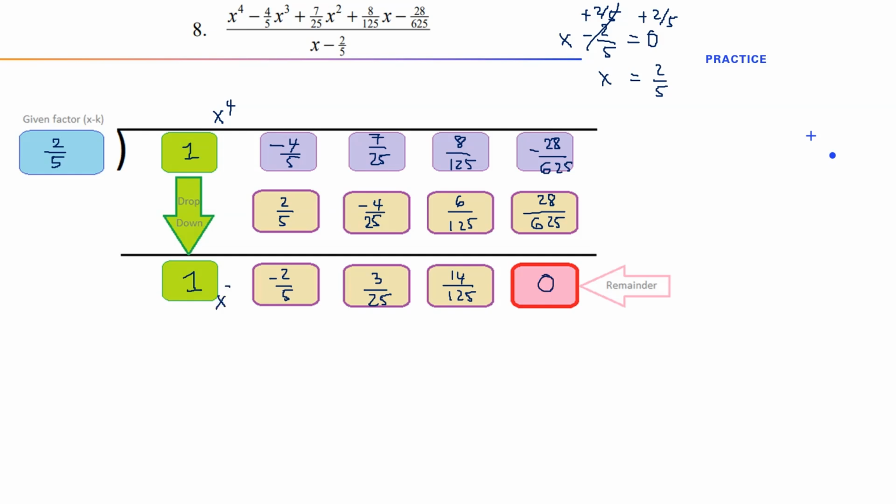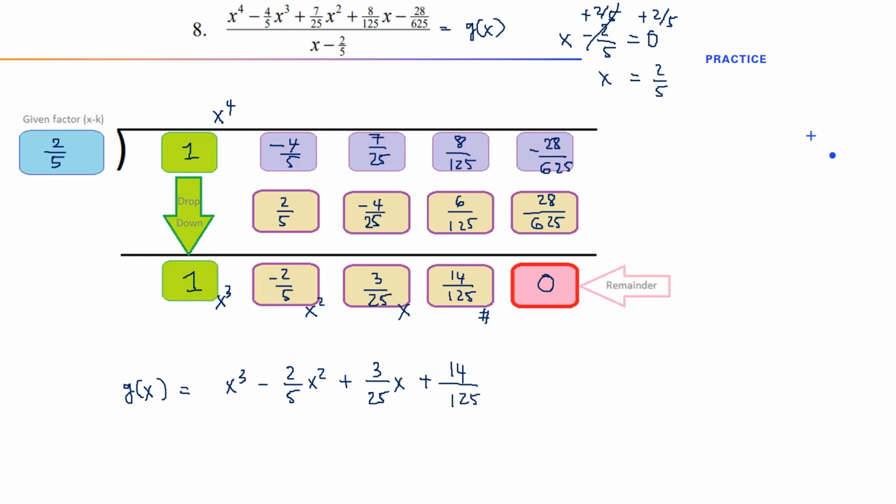Now reduce, so x cubed, x squared, x, number. Right, so I will call this one g of x, so I don't have to rewrite it. So g of x is equal to x cubed minus 2/5 x squared plus 3/25 x plus 14/125.